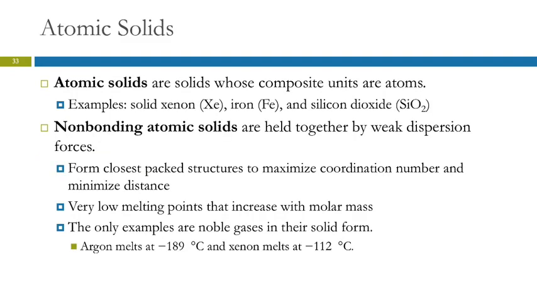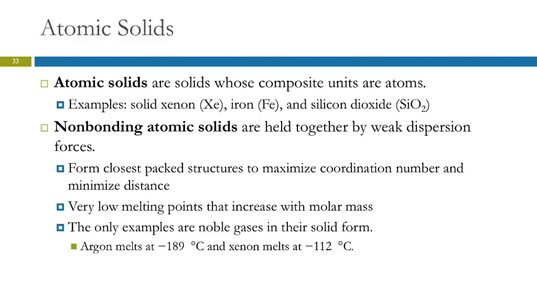Atomic solids, you've got atoms. These would include things like solid xenon, iron, and silicon dioxide. You know, that looks like a molecule, but it isn't. So atomic solids can be divided further.